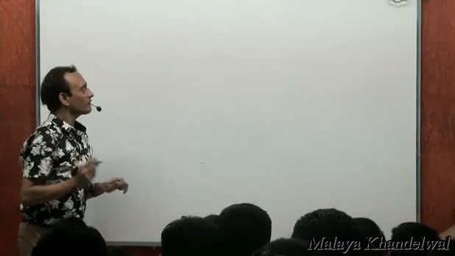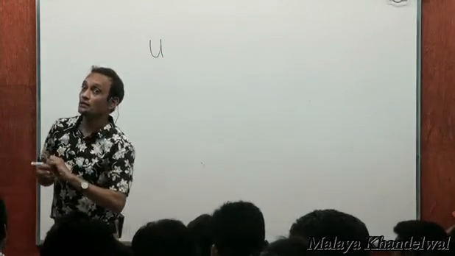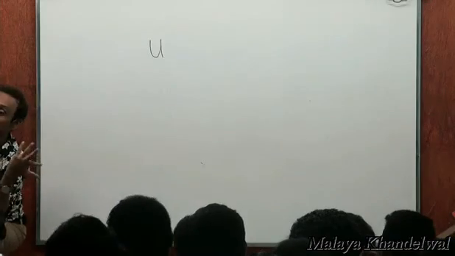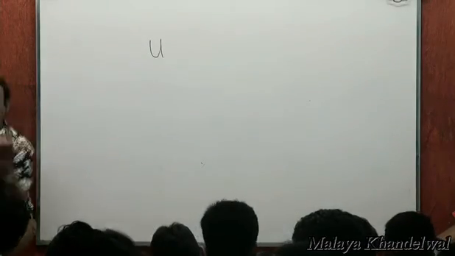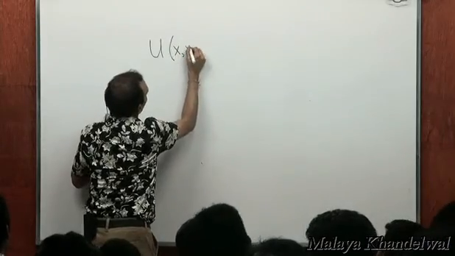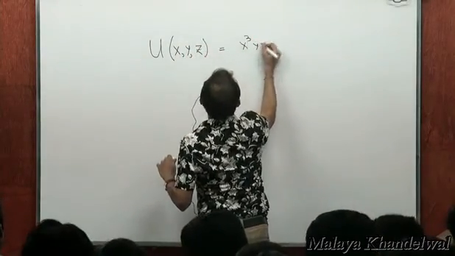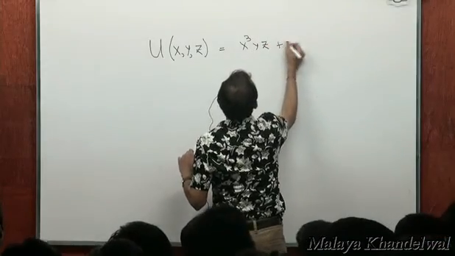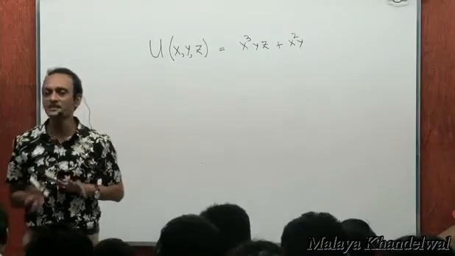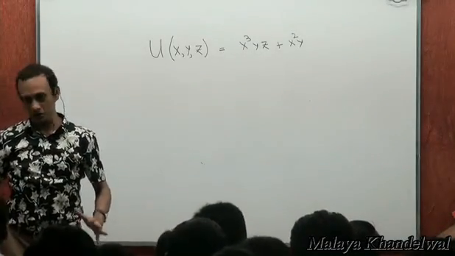Suppose someone gave me this scalar field u. That means I was given the value of u at all x, y, z in a certain region of a conservative field. Say the u at any x, y, z is x cubed yz plus x squared y, the potential energy of the test particle in a certain conservative field.